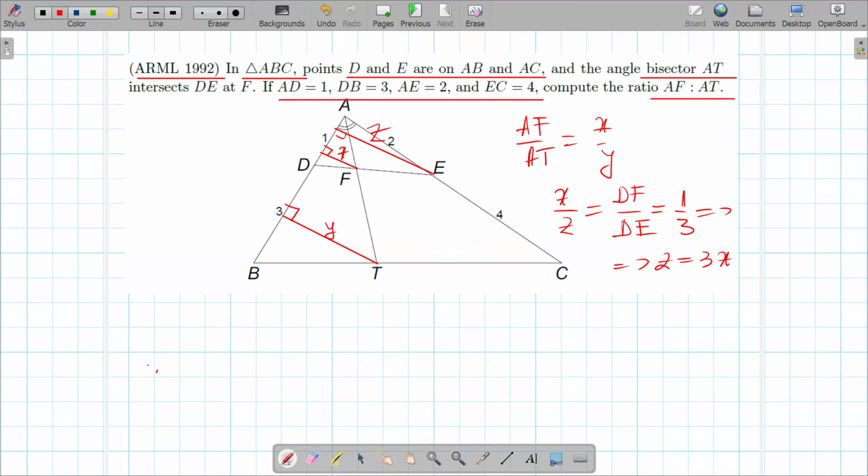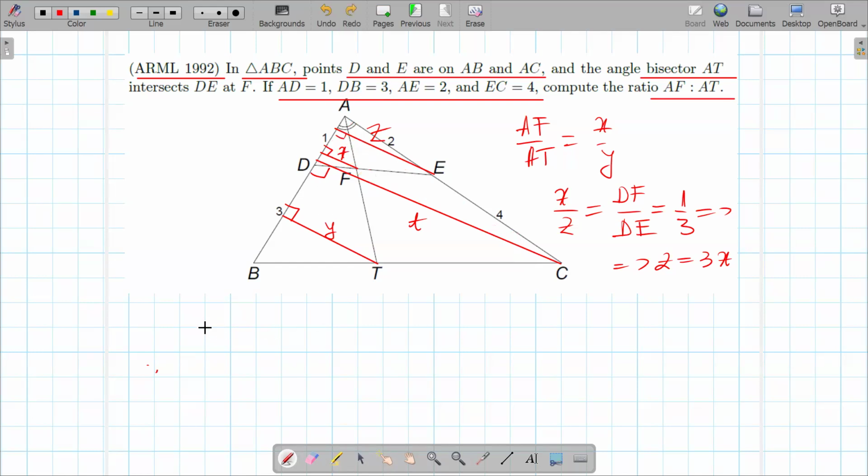Well, how about we actually construct the height from C? Oh, there you go. Let's construct the height from C onto AB. So let's call this T right here. Can we actually figure out something relating Z and T? Because now we actually have this little triangle being similar with the bigger triangle constructed here.